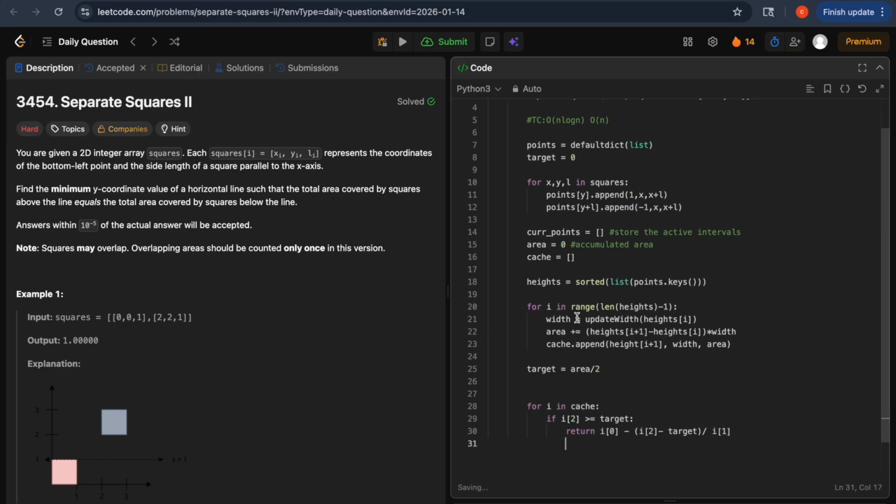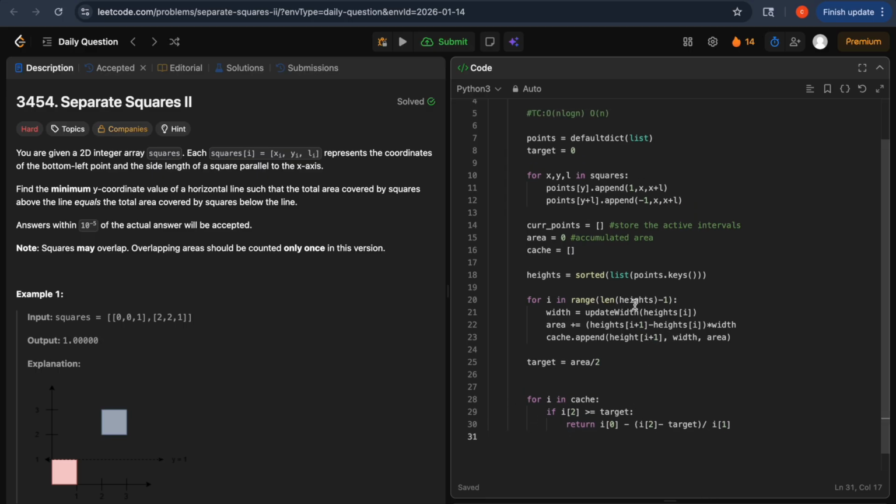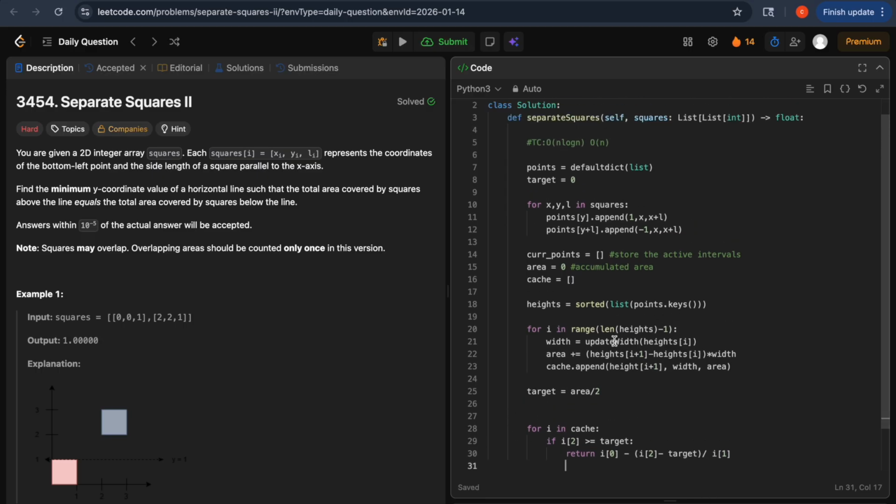And now this is how we find it, but now we have to define the update with function, right?